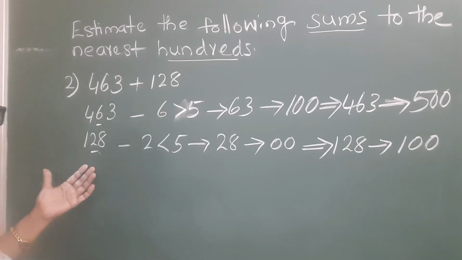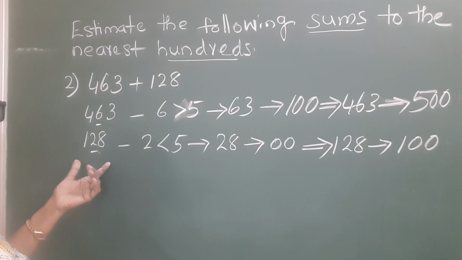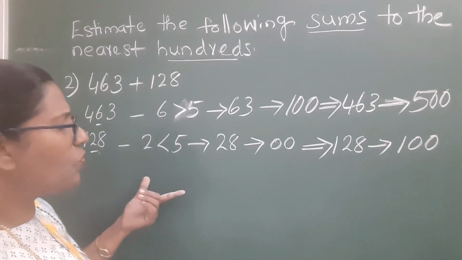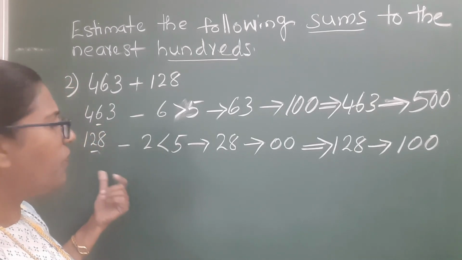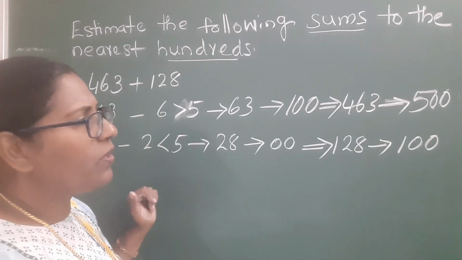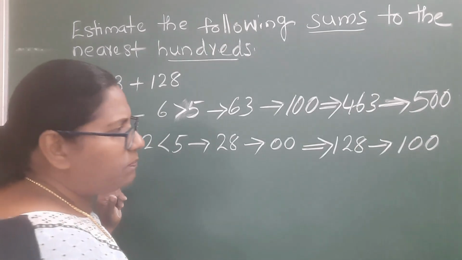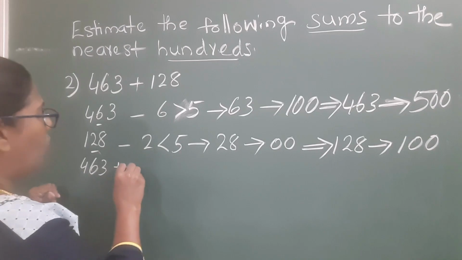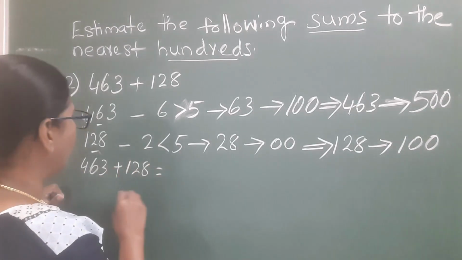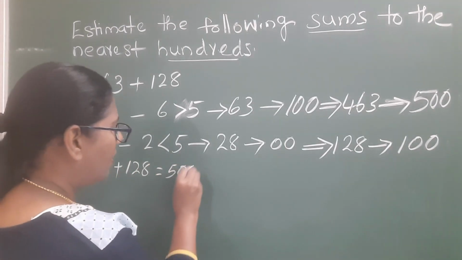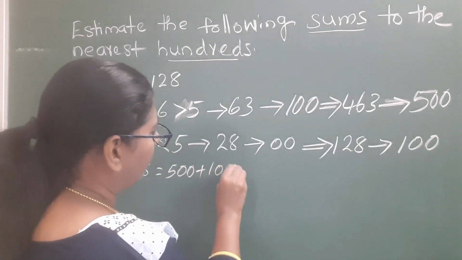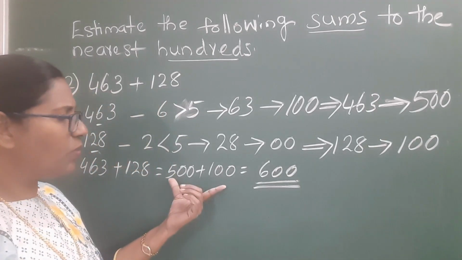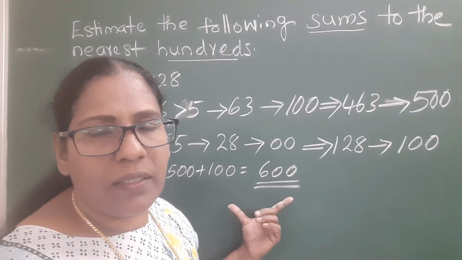The next one is 128. In 128, 2 is in tens place. 2 is less than 5, so 28 rounds off to 0. So 128 rounds off to 100. Now 463 plus 128 is equal to 500 plus 100 is equal to 600.